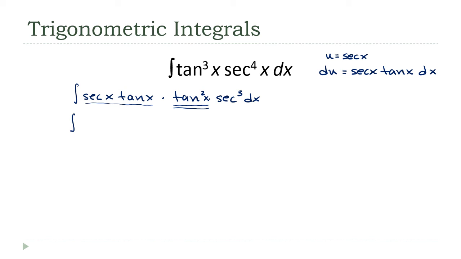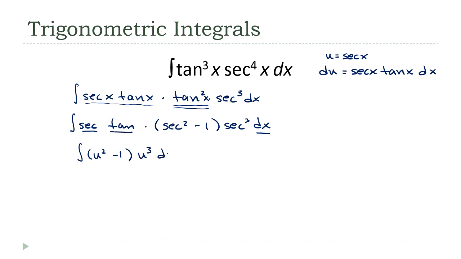This is the integral of secant tangent times secant squared minus 1 times secant cubed dx. I'm going to stop writing the x's here. And now I'll make my substitution. Secant tangent dx becomes du. And I'm going to put u in for the secant. So this is the integral of u squared minus 1, times u to the third, du.